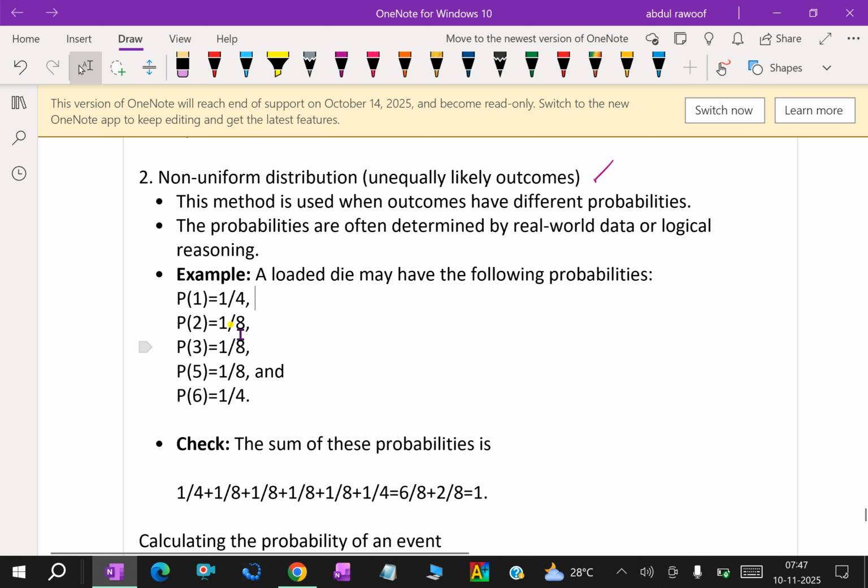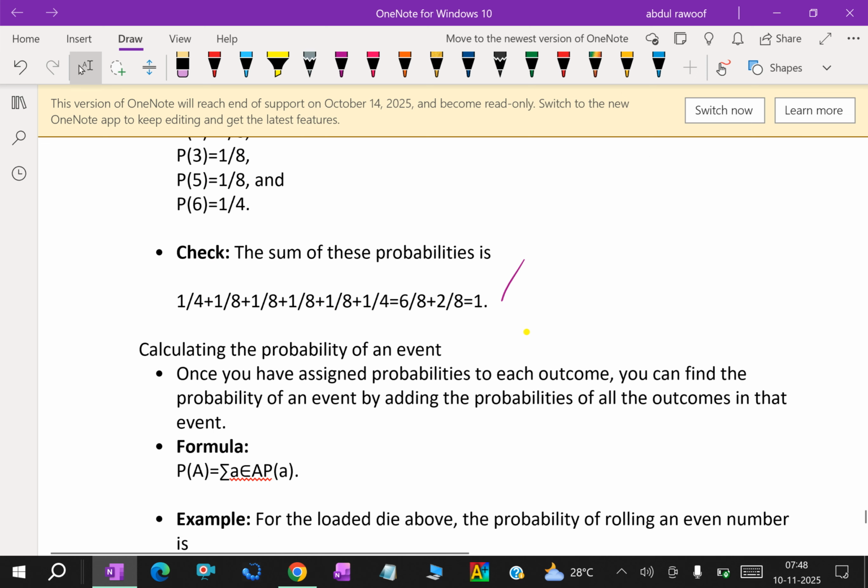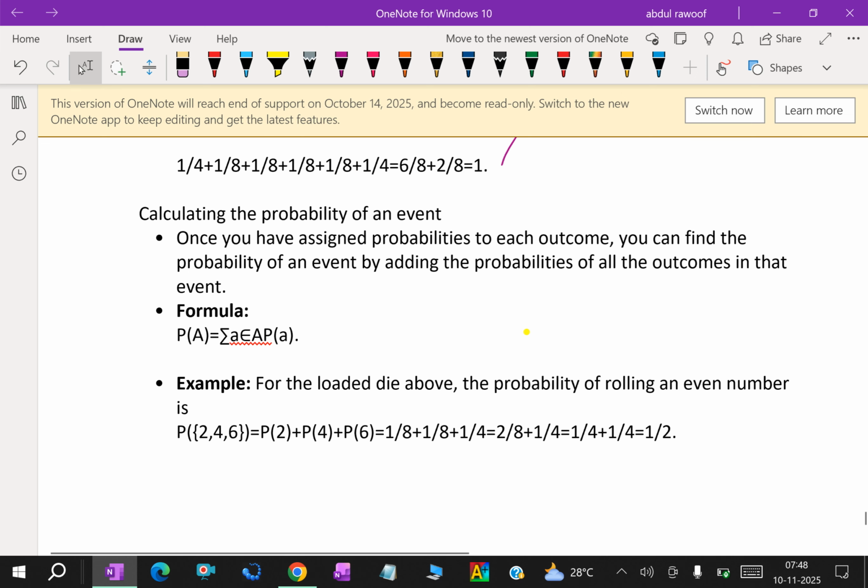Now we'll check this with the results. The sum of these probabilities, adding all the fractions, 1 by 4 plus 1 by 8, 1 by 8, 1 by 8, 1 by 8, 1 by 4, is totally equal to 1. Now calculating the probability of an event.